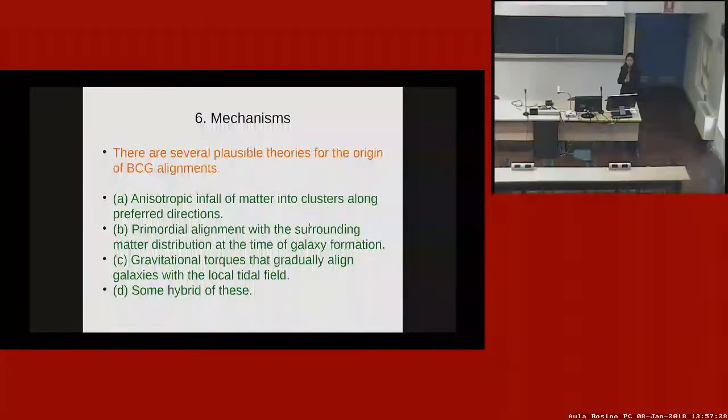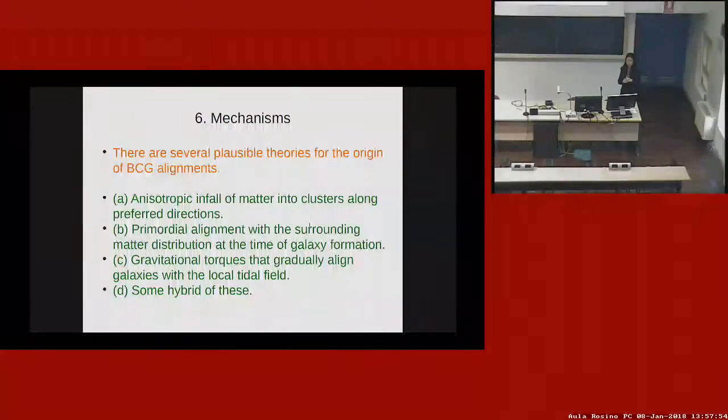There are several possible theories for the origin of the BCG alignment. The first is an anisotropy in the flow of matter into the galaxy along a preferred direction. The second one is primordial alignment with the surrounding matter distribution at the time of galaxy formation.